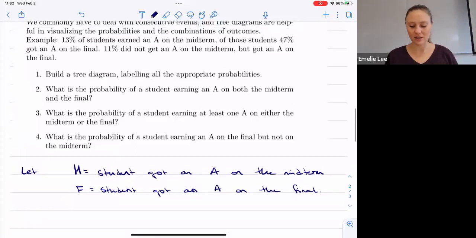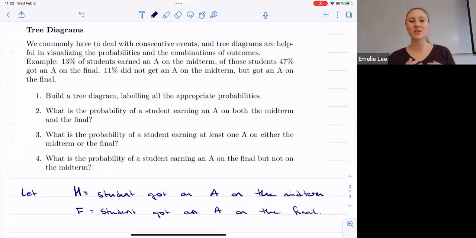And usually figuring that out, setting up what my two events are that I'm actually interested in, can be very tricky. But once you have that set up, you're on the right path and it's going to be a little bit easier.